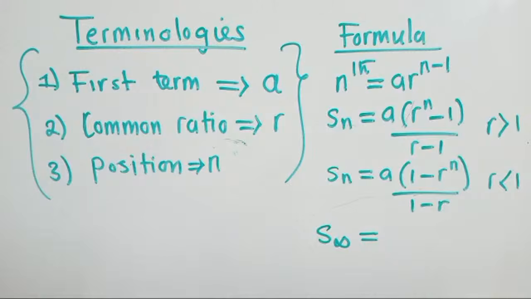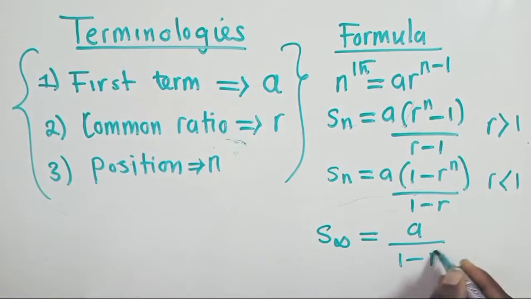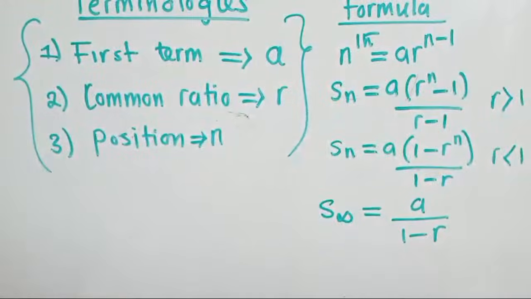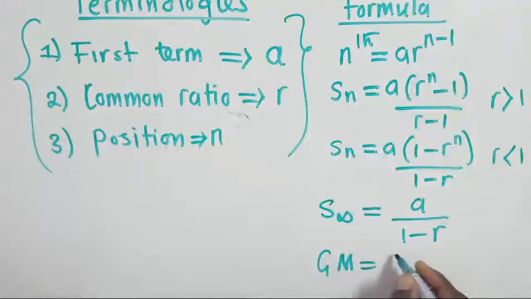Are you there? So now, what is the formula for sum to infinity? The formula for sum to infinity will just look like this. Okay? Very simple, just like this. And last but not the least is the formula for mean. So just write GM, geometric mean. So this is how the formula will look like.